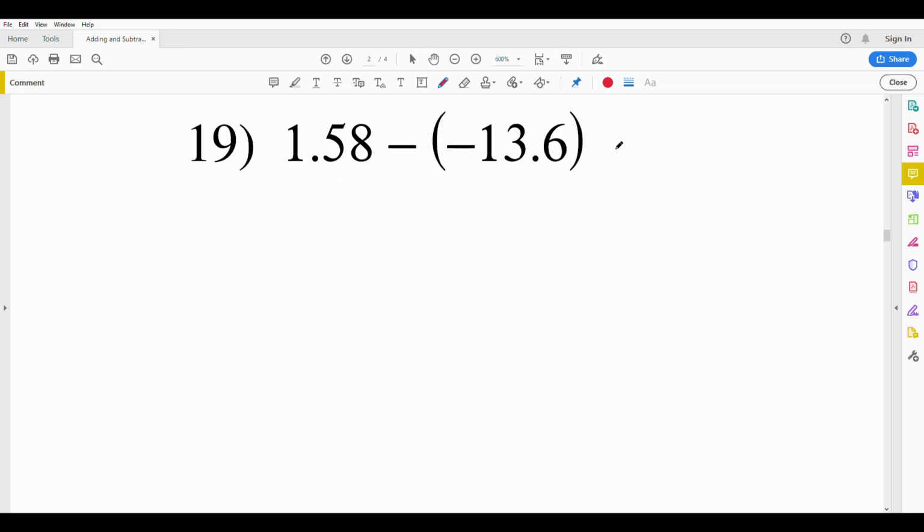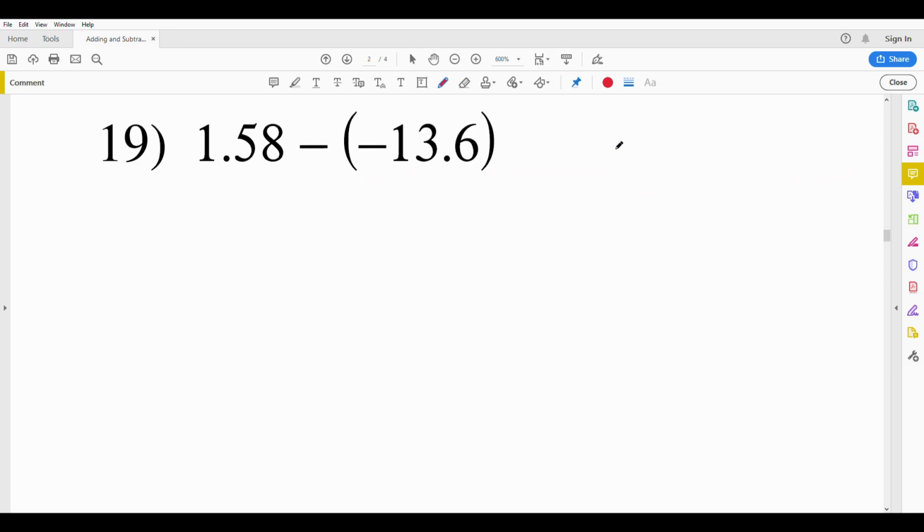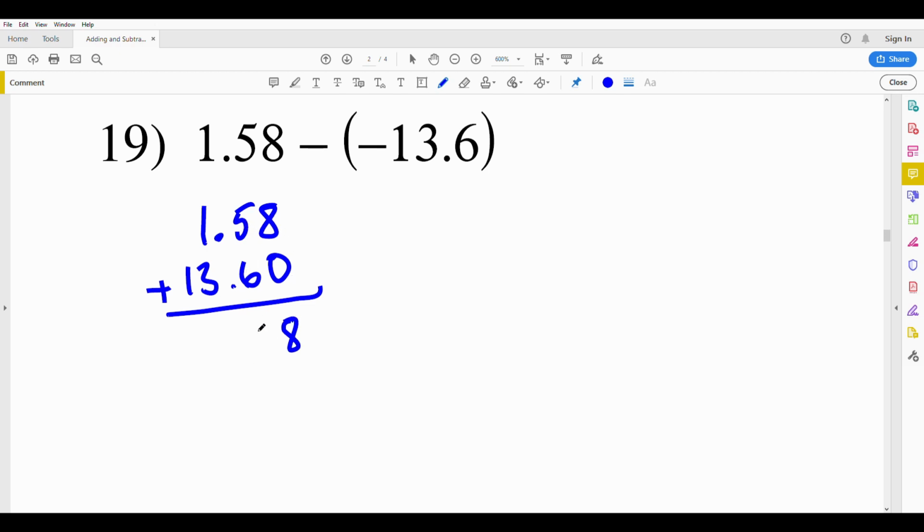In number 19, we have 1.8, and we're taking away a negative 13.6. Subtracting the negative is the same as, go ahead and say it, adding a positive. So 1.58, or 1 58 hundredths, plus 13 6/10, or 60 hundredths. 8 hundredths plus 0 hundredths is 8 hundredths. 5 tenths plus 6 tenths is 11 tenths, or 1 1/10.